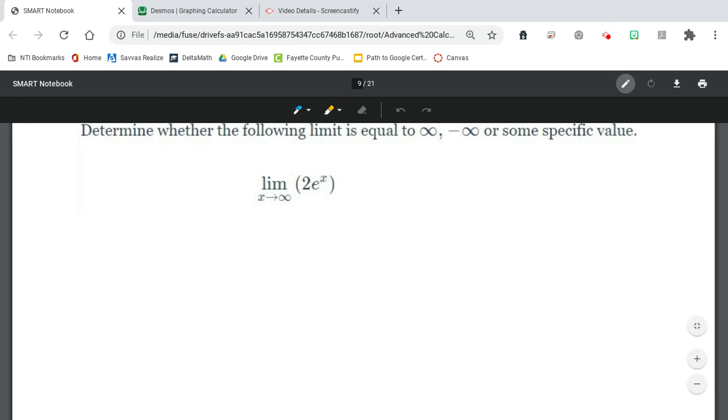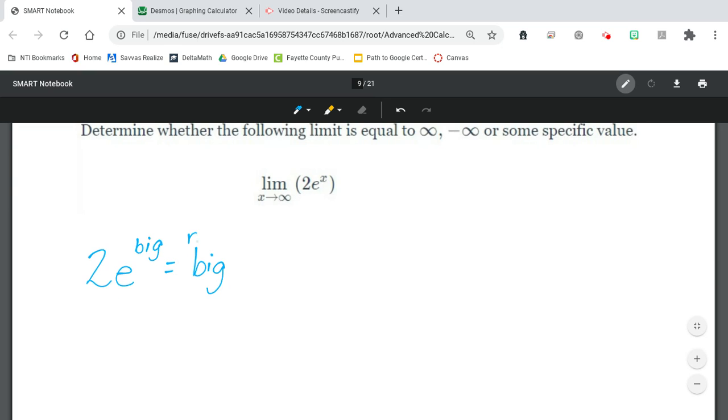So I'm going to think about 2e, and instead of the x, I'm just going to write the word big. And I'll think about what's happening there. Okay, so 2 times e to a really big number. Well, e to a really big number is big, and 2 times that big number is really, really big. You like that? It sounds so mathy, right?